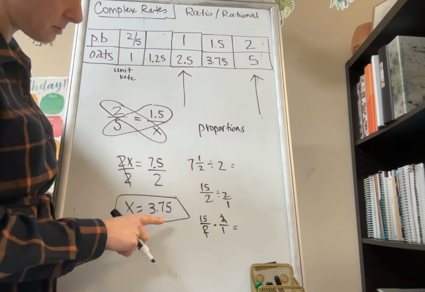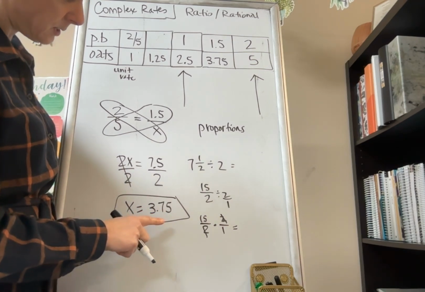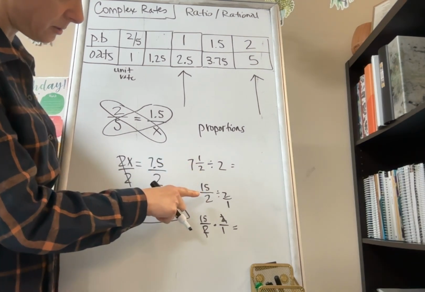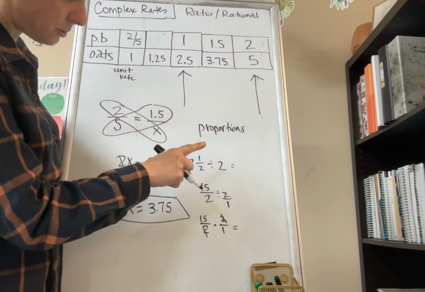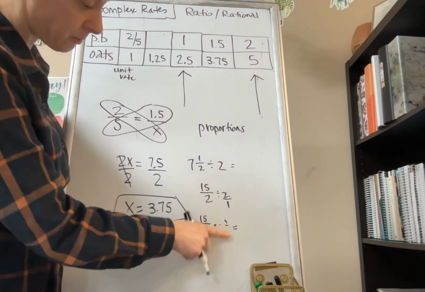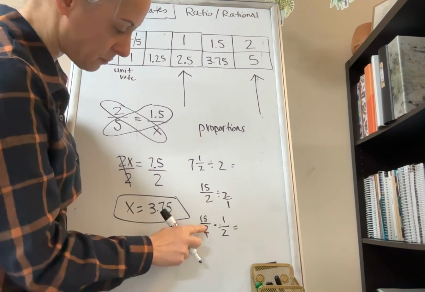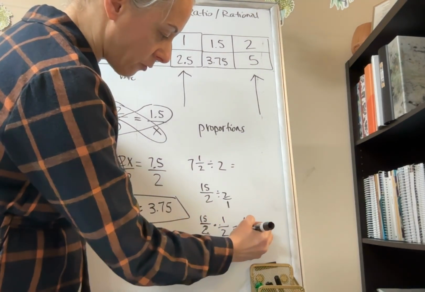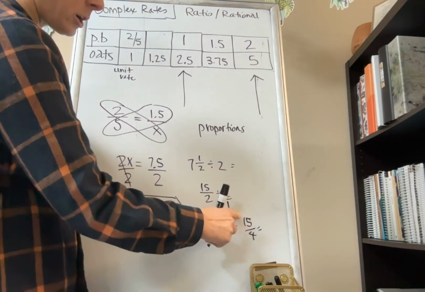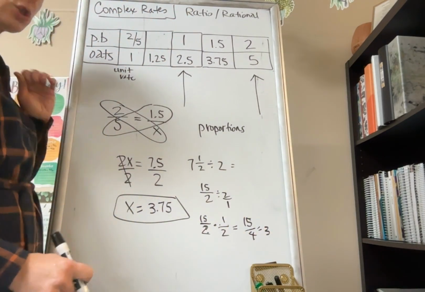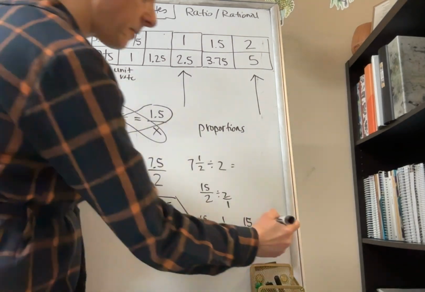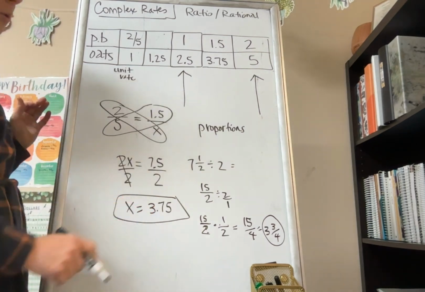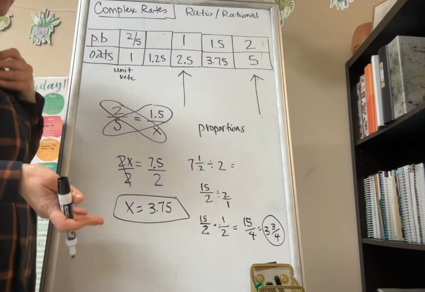We're getting 15. 15 over 2 divided by 2 over 1. Keep, oh, I did this backwards. Should be keep, change, flip. The 2's will not cancel because they'll both be in the denominator. And then I get 15 over 4, and I can say 4 goes into 15 3 times. 4 times 3 is 12, 13, 14, 15 left, 3. 3 3/4. 3 3/4, 3.75, very same thing, right?